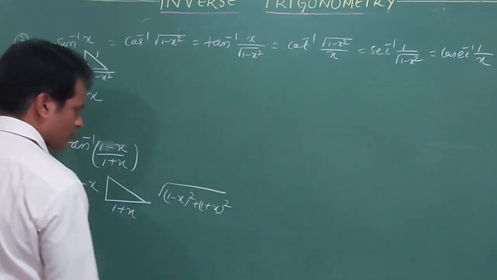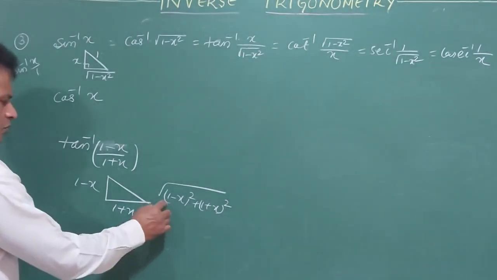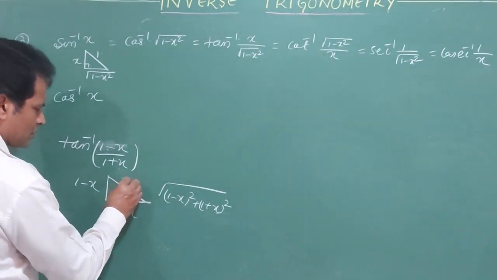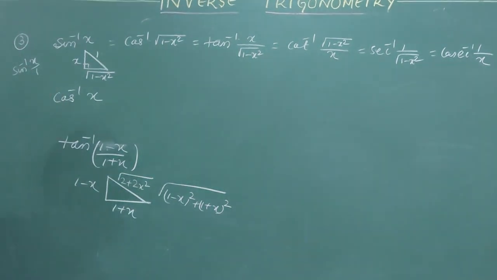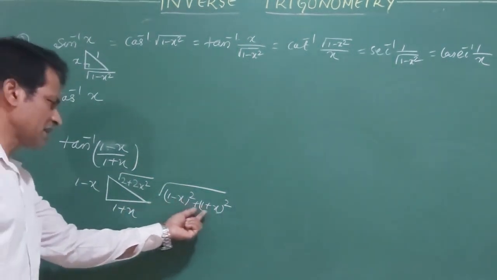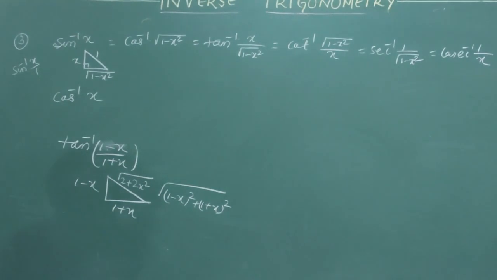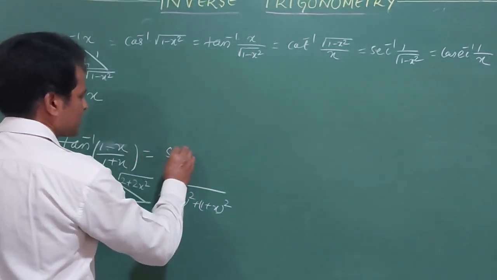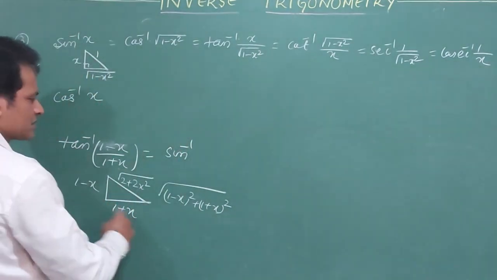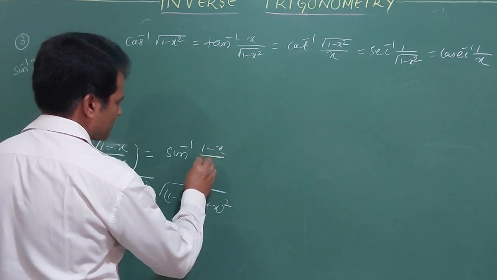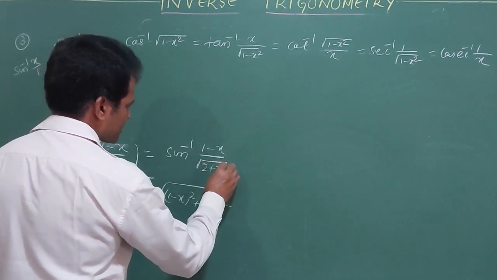That is 2 plus 2x square under root, since minus 2x and plus 2x cancel out. So go for sin inverse, very simple now: sin inverse perpendicular by this, 1 minus x by root of 2 plus 2x square.